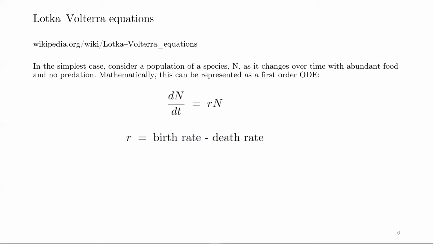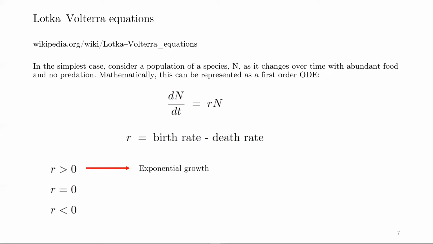Okay, and of course this is a separable equation, and so it's not too hard to see that if I separate the variables here, I'm going to get exponential solutions. It turns out that if r is greater than 0, or in other words, if the birth rate is greater than the death rate, then we get exponential growth of the population.